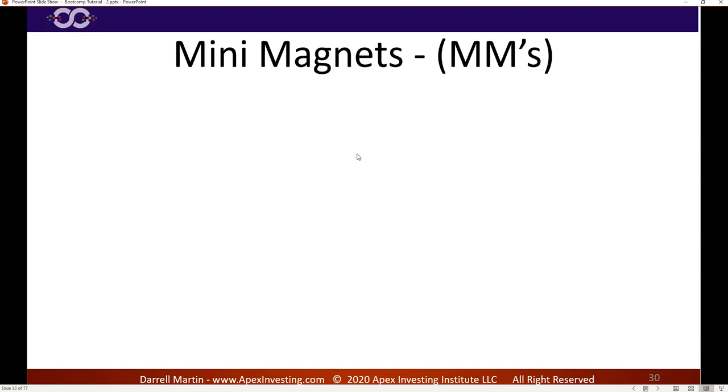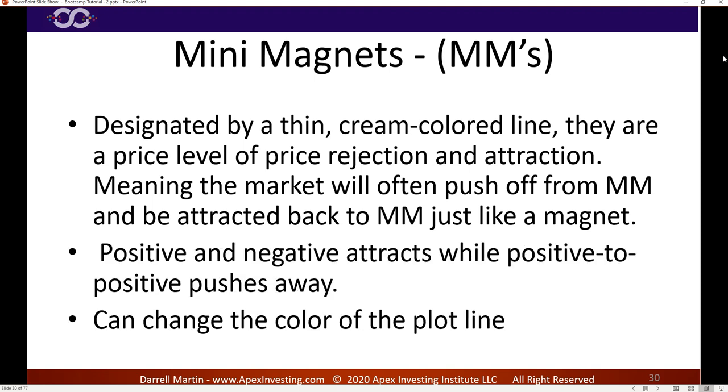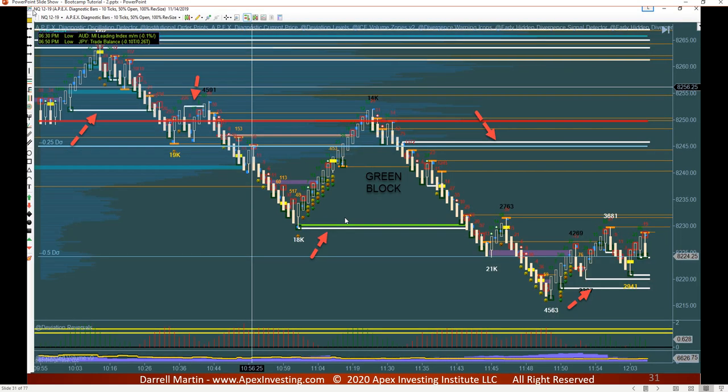Mini magnets are what we call MMs. They're designated by a thin cream colored line. They're a price level of rejection and attraction, meaning the market would normally push away and push off of mini magnets, but is often attracted back to them as well. You can change the color on them, but what they look like on your plot are these white lines here. They're always at the end of a bar, one end or the other.